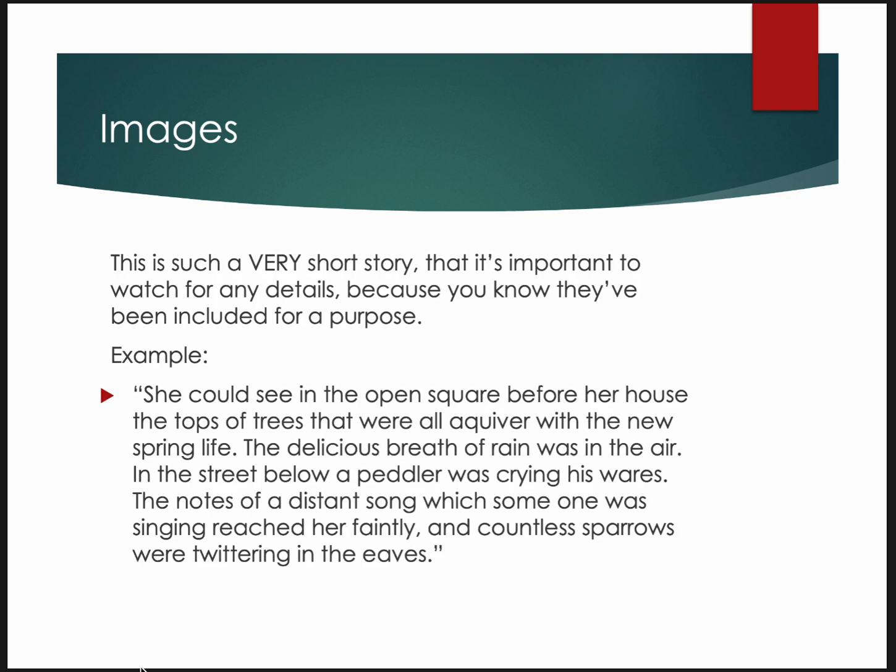And we get this very long image of the open window and the treetops and the rain and the peddler and the song and the sparrows and all of this information in a story that doesn't actually give us much information. So the fact that there is more life outside that window that she is starting to appreciate should signal to you that the outside world has something bigger and more interesting than her internal world does.